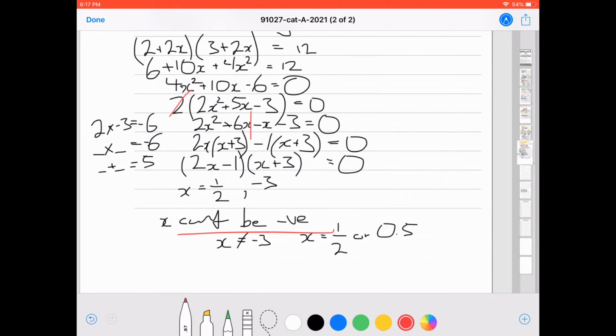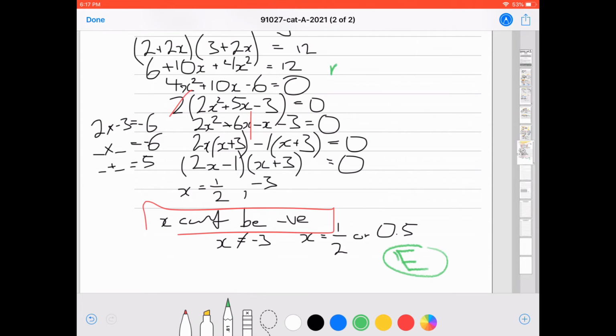Merit, simplification to a quadratic equation. So probably this step here gets you a merit. It's a fairly easy merit as well. Your achieved is forming the correct expression for lengths of both walls in terms of x. So our first step would get you the achieved.